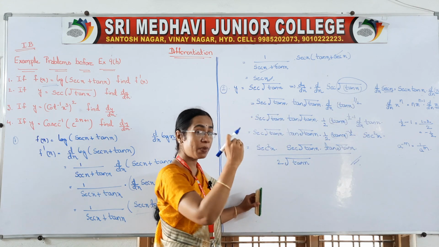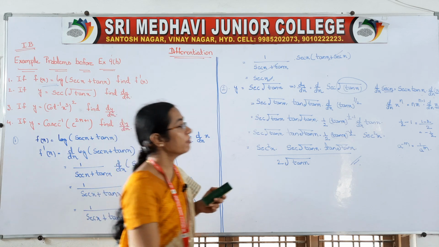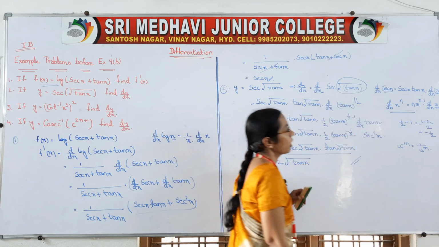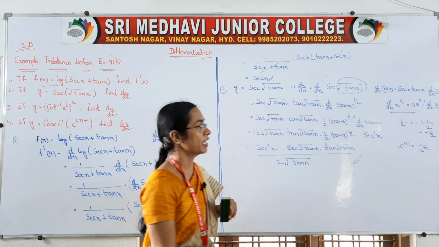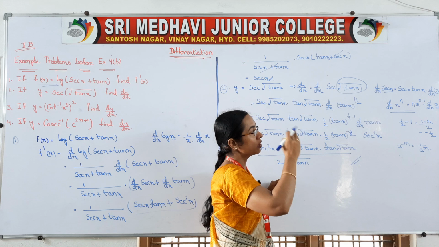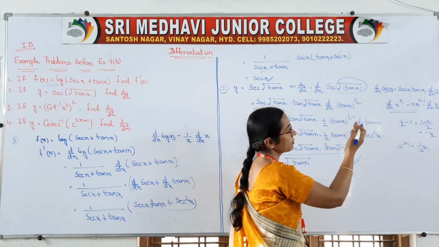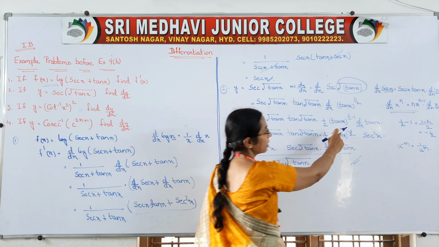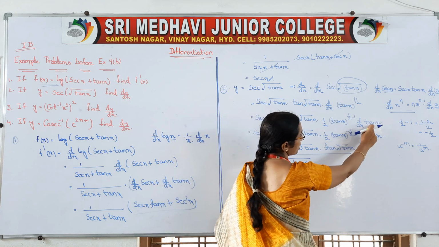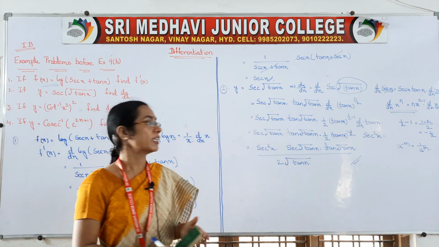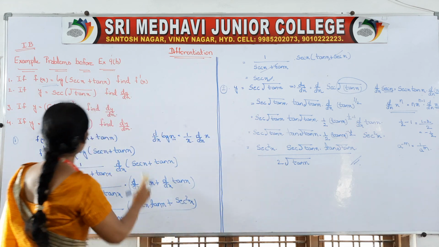Now the variable has a power, so we use the formula d by dx of x to the power of n equals n into that variable to the power of n minus 1 into d by dx of that variable. We applied that formula; d by dx of tan x is secant square x. Then we simplified and got the answer. This is our second question.